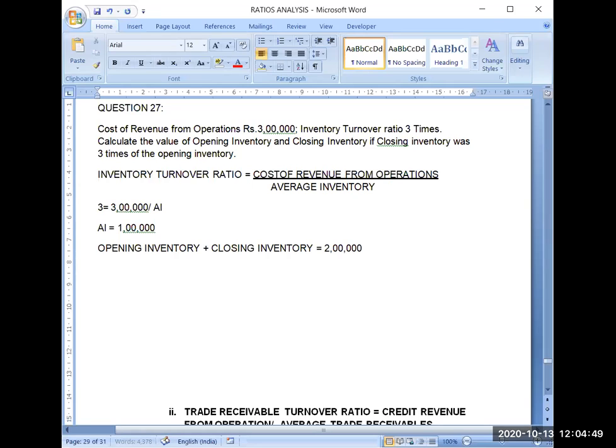Because in the denominator it will be 2 in the formula of average inventory, that will be cross multiplied with this 1 lakh, and that's why this will become 2 lakh.